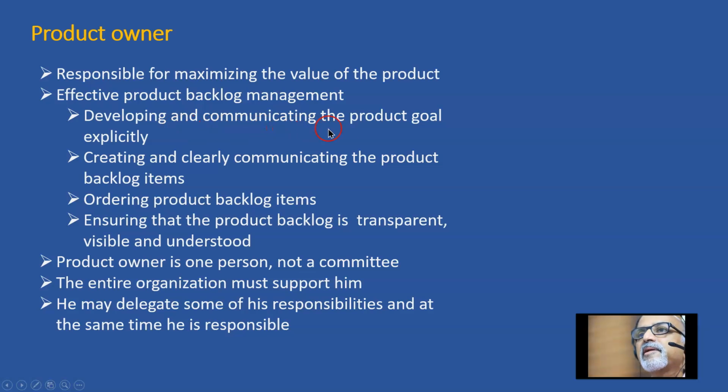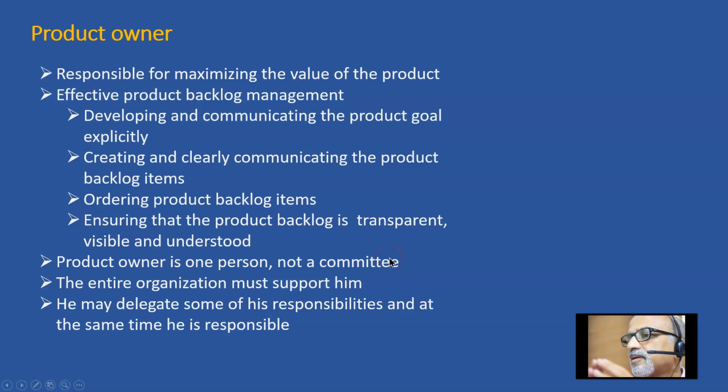That is developing and communicating the product goal explicitly, creating and clearly communicating the product backlog items, ordering the product backlog items, and ensuring that the product backlog is transparent, visible, and understood. Product owner is one person and not a committee. The entire organization must support him. He may delegate some of his responsibility and at the same time he is responsible for it.